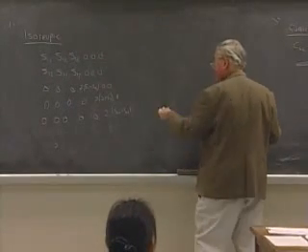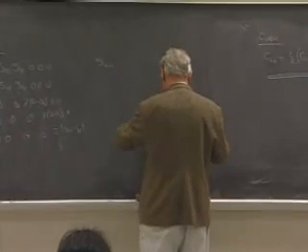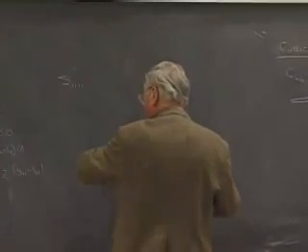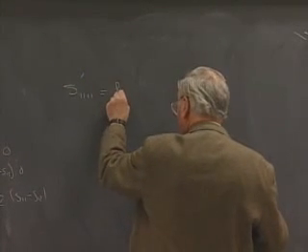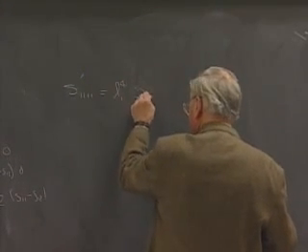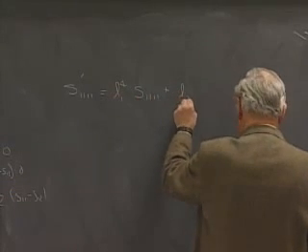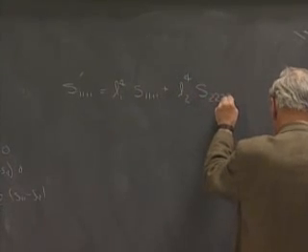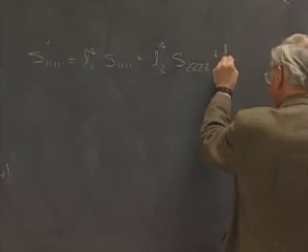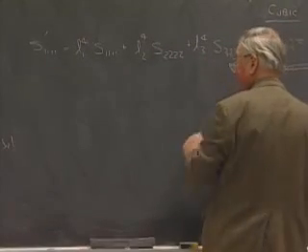Okay, what we're going to say then is that one of these compliances, S1111 prime, is going to be equal to L1/4 times S1111 plus L2/4 times S2222 plus L3/4 times S3333.